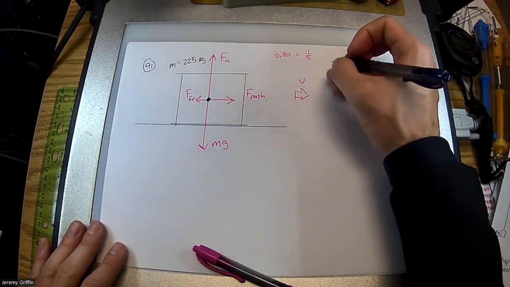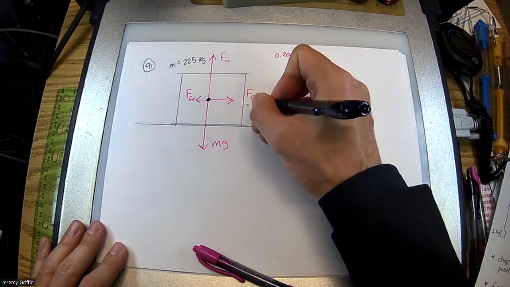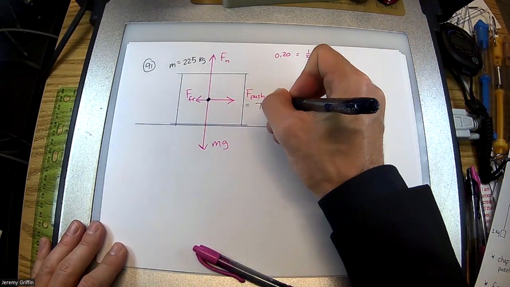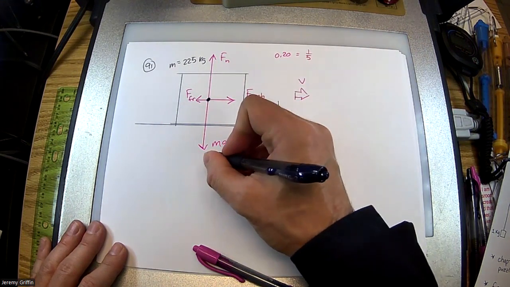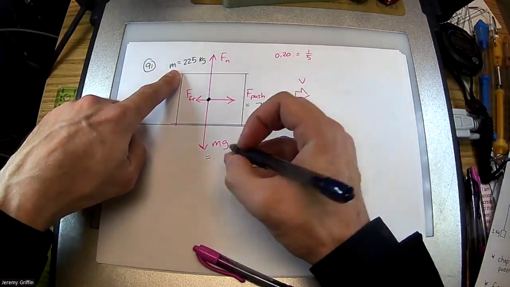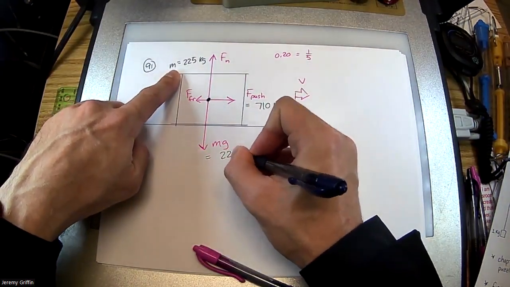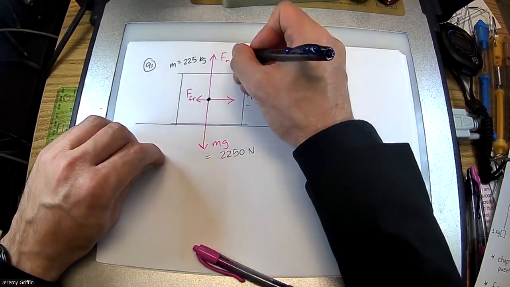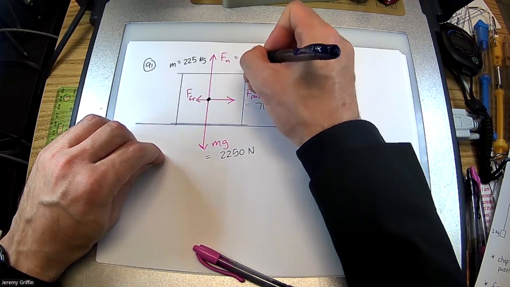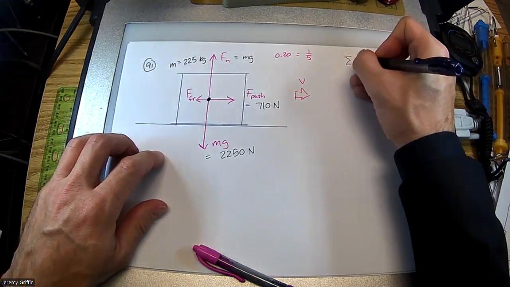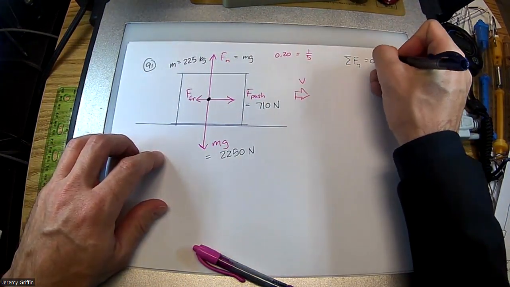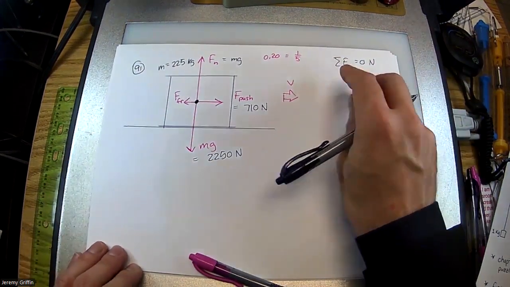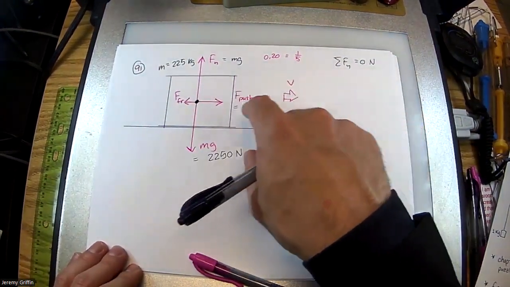Write down some numbers here. So they told you that this is 710 newtons pushing force. You could do mass times gravity, that'd be 2250 newtons of weight. The normal force must be equivalent to the weight because I can say the sum of the forces vertically goes to 0 newtons. No, that's not true horizontally. Horizontally, it's going to be accelerating probably.